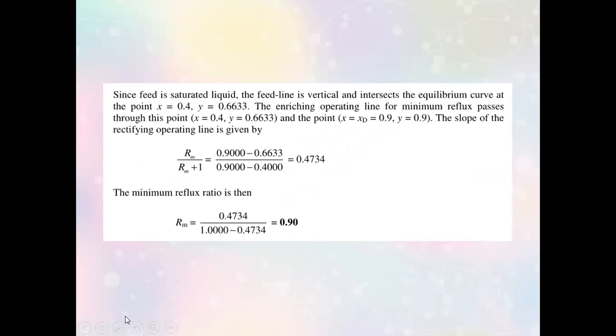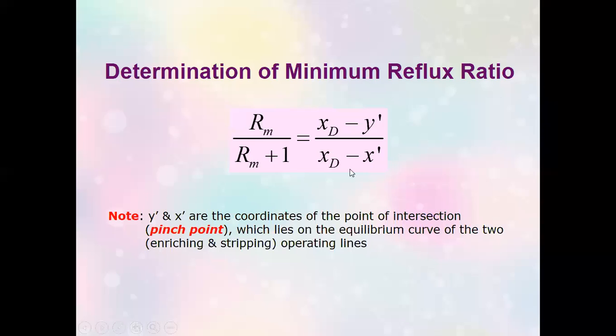Let me share to you part 1 of distillation so you can recall the formula in determining the pinch point coordinates. It's in the latter part. You have the formula in determining the minimum reflux ratio, that's your Underwood-type equation. This is what I'm referring to.